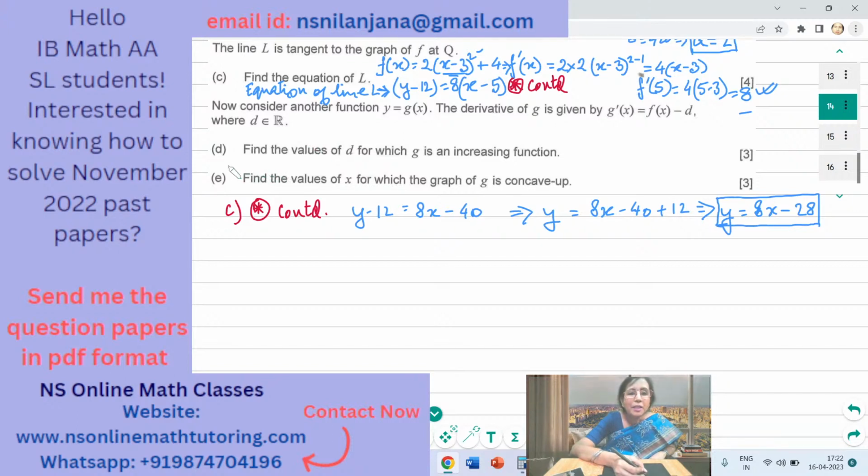So subpart D. Find the values of d for which g is an increasing function. And we know in order to have g as an increasing function, g will be an increasing function if and only if its derivative is greater than 0, means g dash x should be greater than 0. Okay.